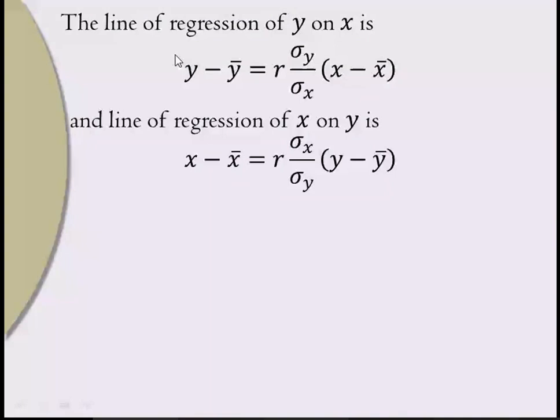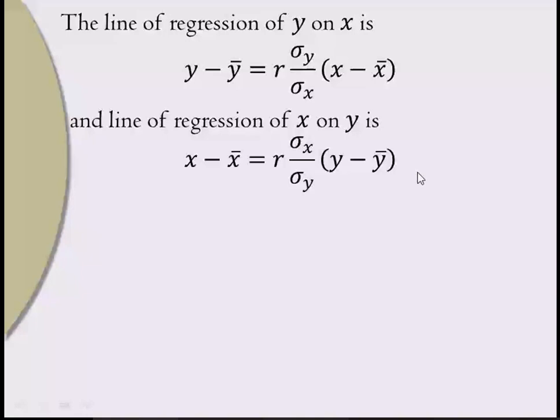And if the value of x is missing and the value of y is known, then put that value of y here, take x bar to the other side, and we can easily get the unknown value of x. So if you want to find y, use the regression line of y on x, and if you want to find x when y is known, use the regression line of x on y.